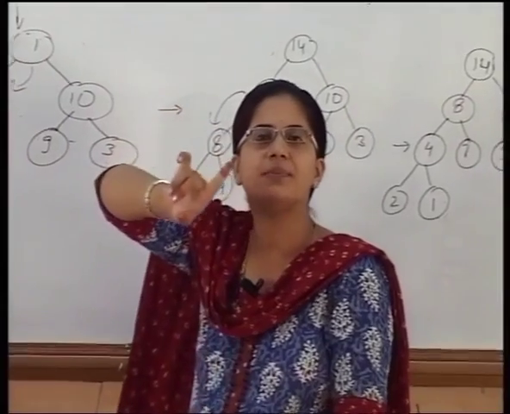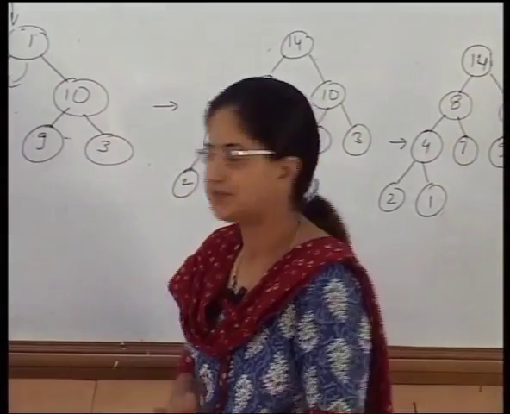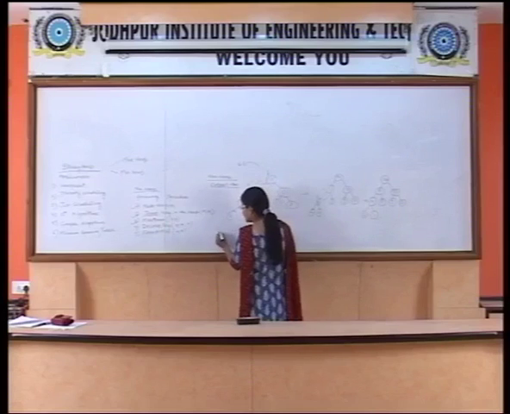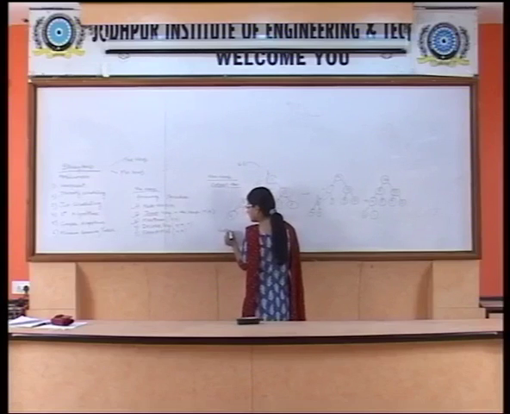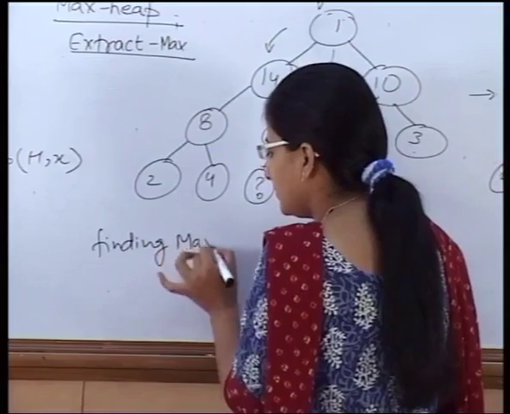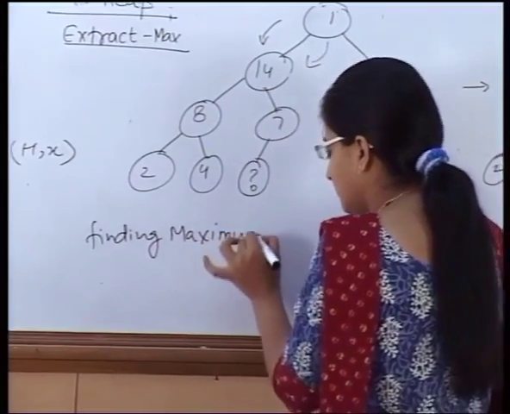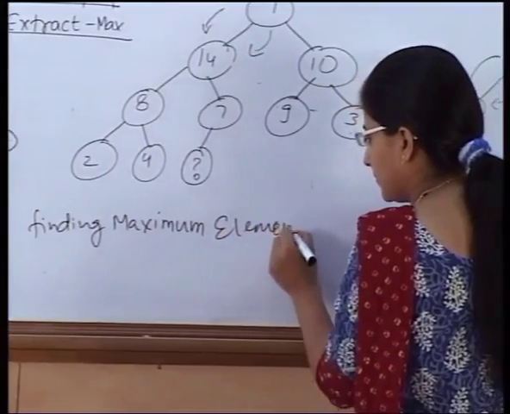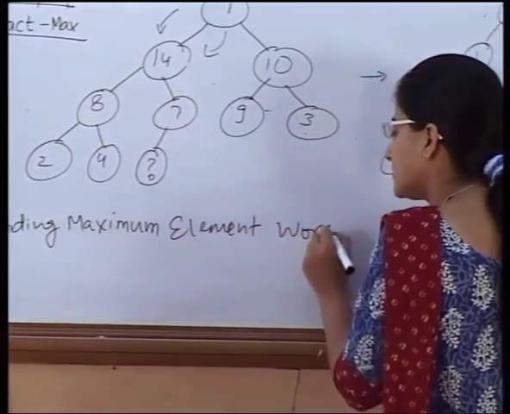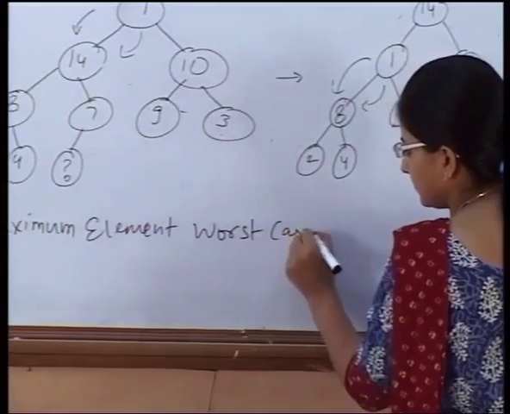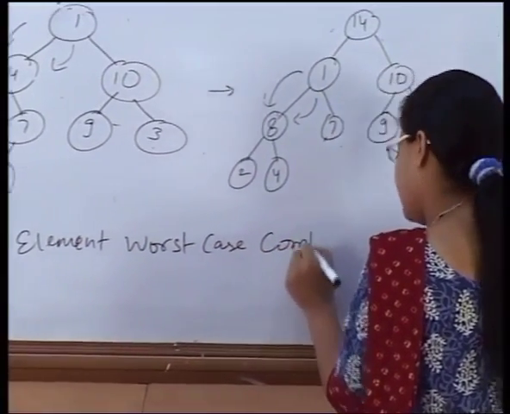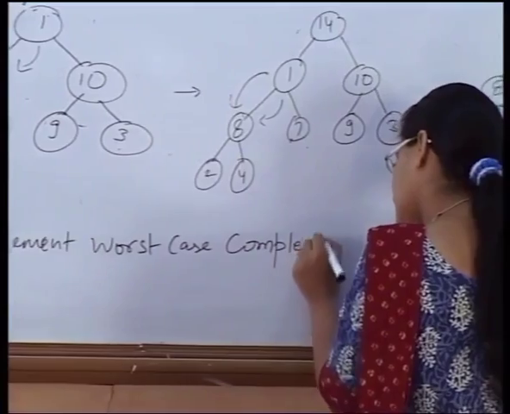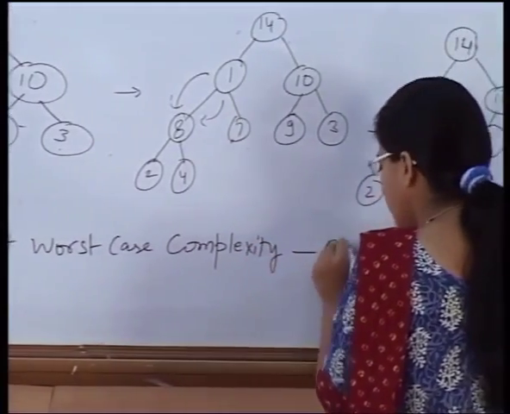So we can find that max value in big O 1 time. So for finding the maximum element, worst case complexity is big O 1.